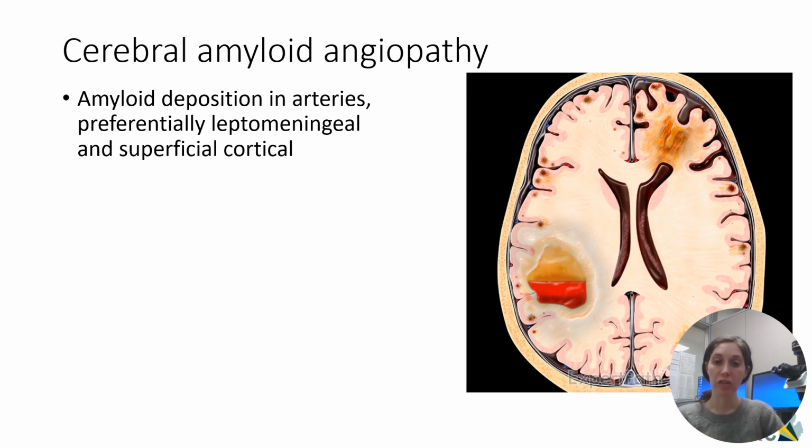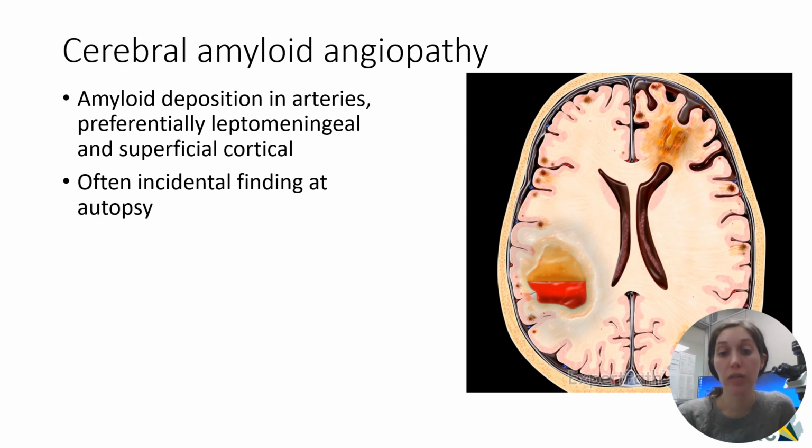And it has a predilection for these large leptomeningeal vessels. So those are these large vessels that are in this space in between the skull and the brain, and superficial cortical vessels. So those are small vessels that are on the very surface of the brain, which is pictured here as kind of like this thin, dark pink ribbon that just kind of follows along the surface of the brain.